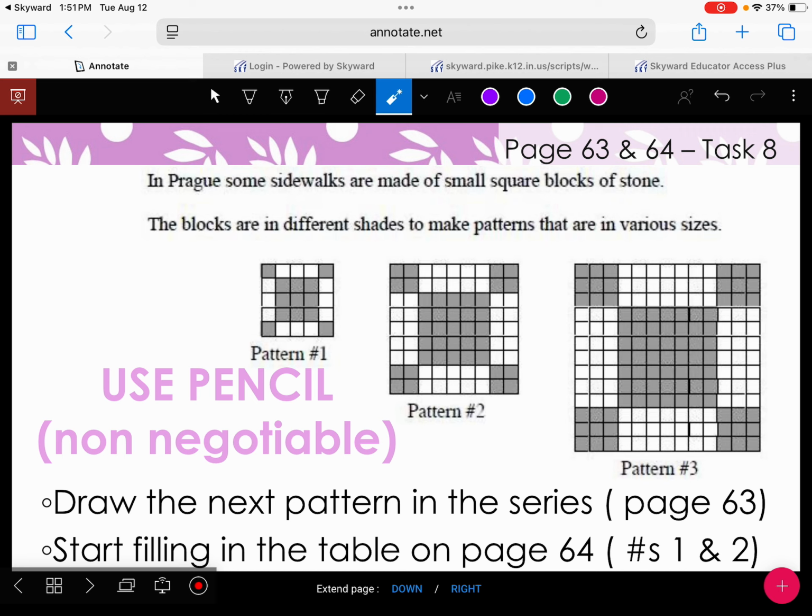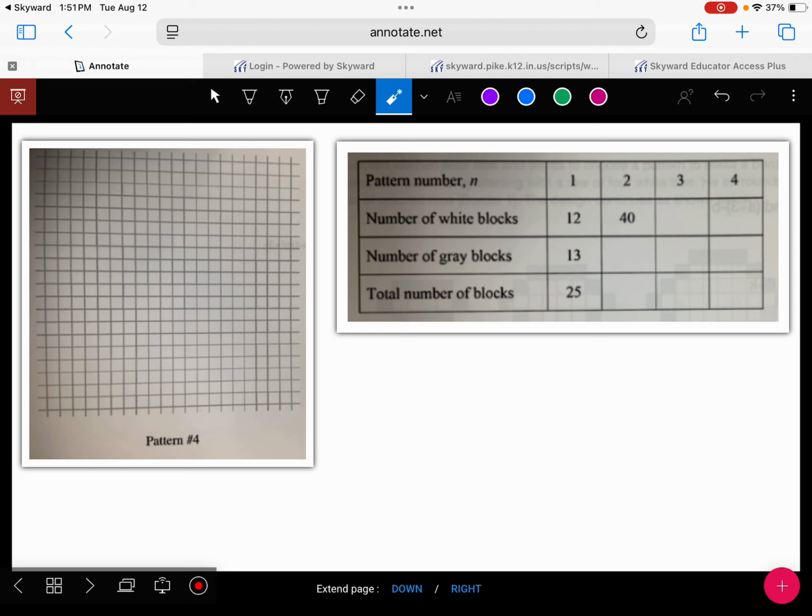You guys can talk to each other. That's fine with me. Work together. Talk it through. See what we can come up with. We need pattern number 4, and we want to try and fill in this table. Let's look at the top table, on the next page. We're going to want them open side by side because it's going to be easier to look at them both ways.